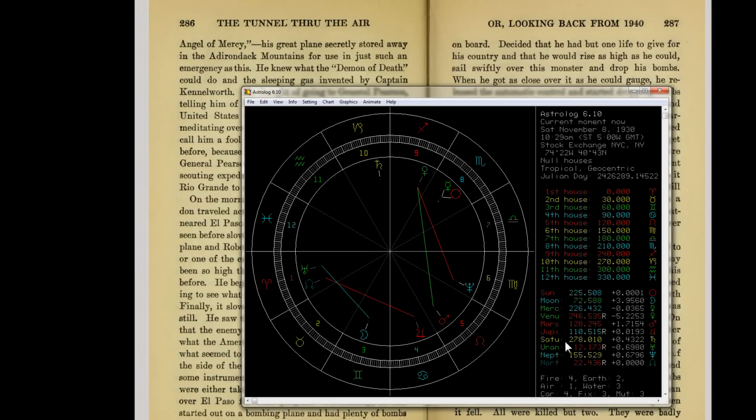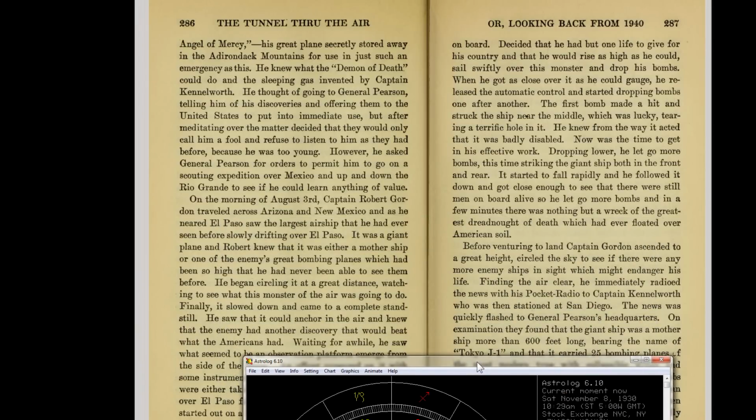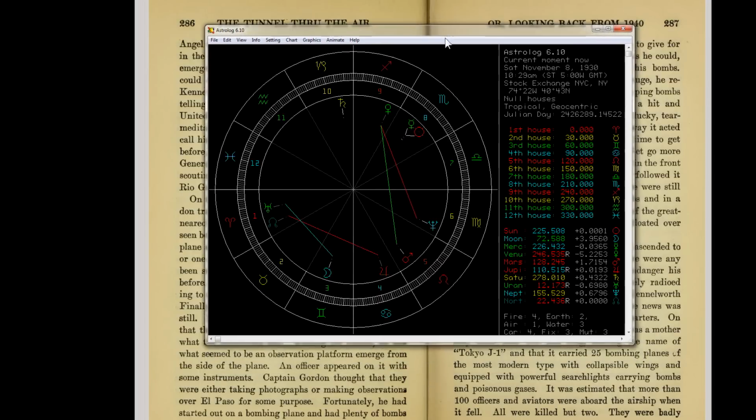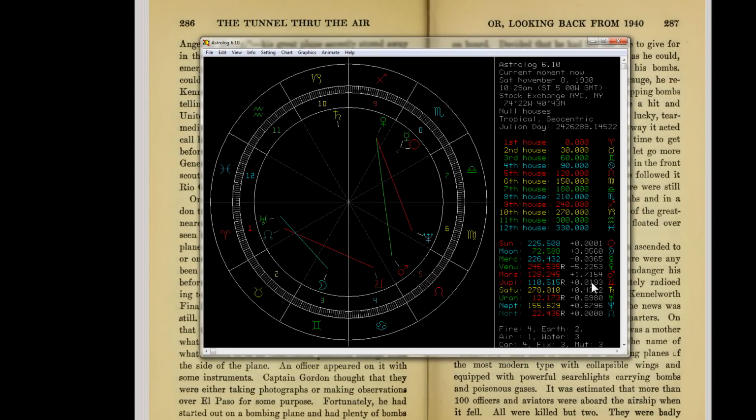And then, excuse me, they have the air fight. Well, the air fight actually happens during this period of time. And the only part that doesn't really fit in at this point is the fact that after Robert damaged the ship, it started to fall rapidly, and he followed it down. If we watch Jupiter here, watch its latitude.